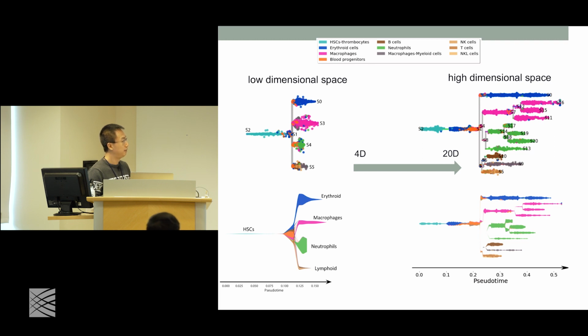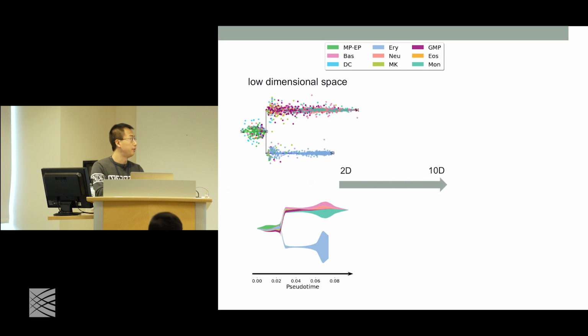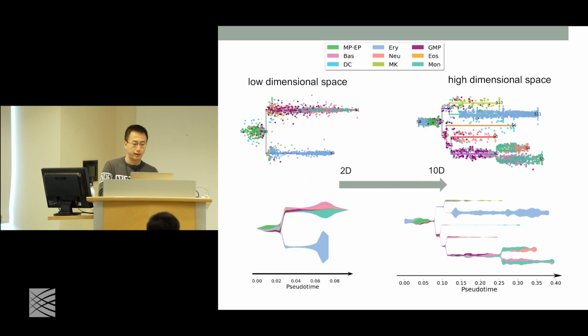For the lymphoid branch, we can get the T cell, B cell, and natural killer cells, and for the macrophage and neutrophil cells, we can also get more details. Similarly, in two dimensions we can only get a simple bifurcation, but if we increase to 10, we can get way more detailed branches, and those are reasonable in terms of biology.